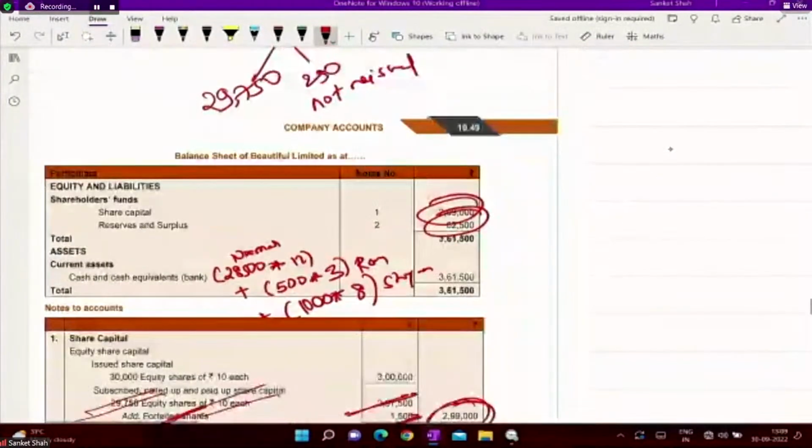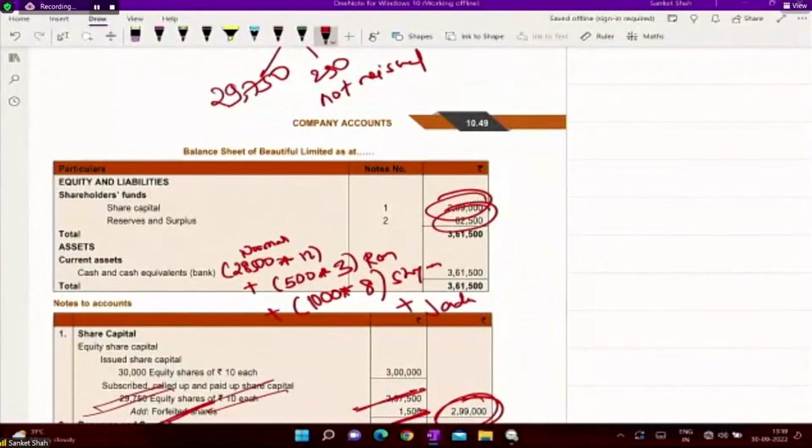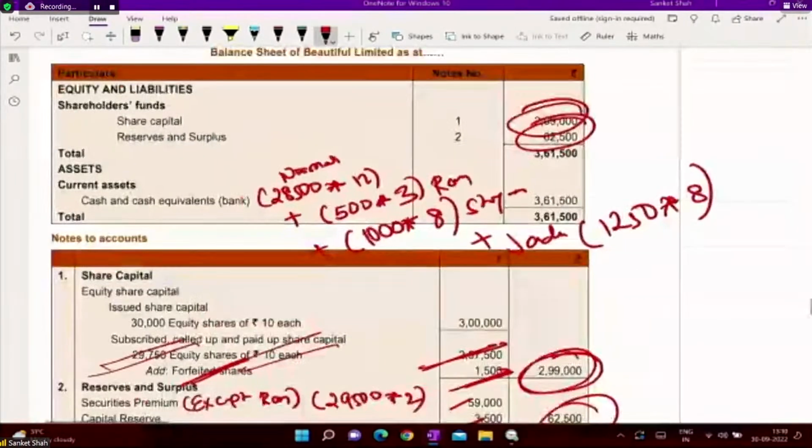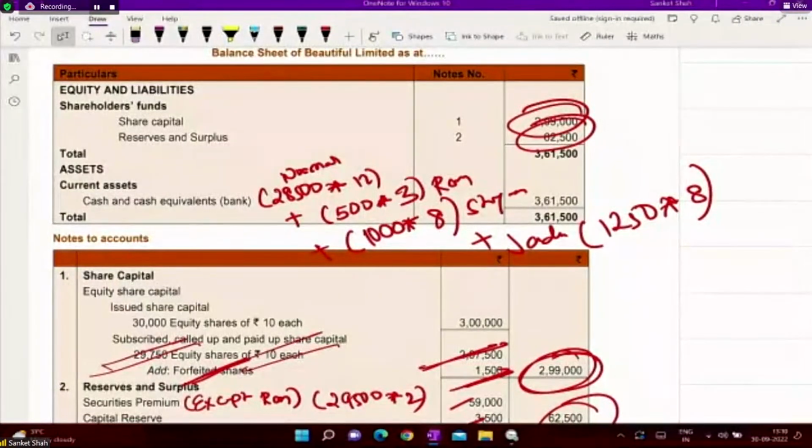And Jadu is paying 1,250 into 8. Just write down 8 and then revise it. Look, normal 28,500 shares paid the full 12 rupees. Ram paid 1,500. Sham paid 8,000, and 1,250 into 8 is 10,000.